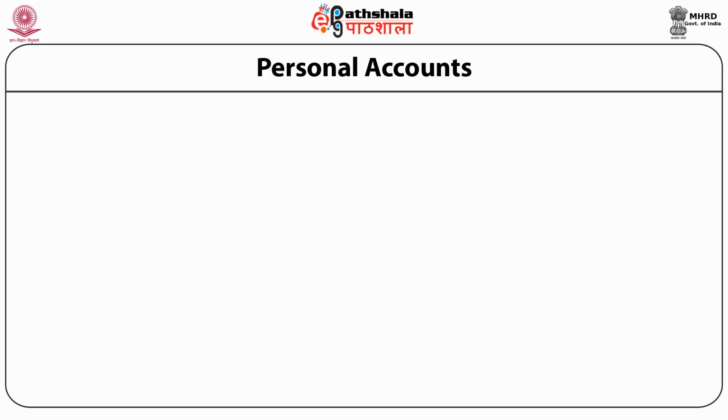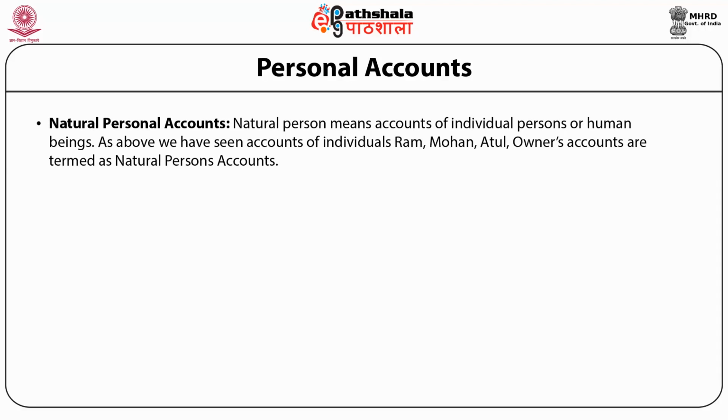Let us discuss these three categories of personal accounts. Natural personal account. A natural person means accounts of individual person or human beings. As above we have seen, accounts of individuals like Ram, Mohan, Atul. Owner's capital account is also termed as a natural personal account.